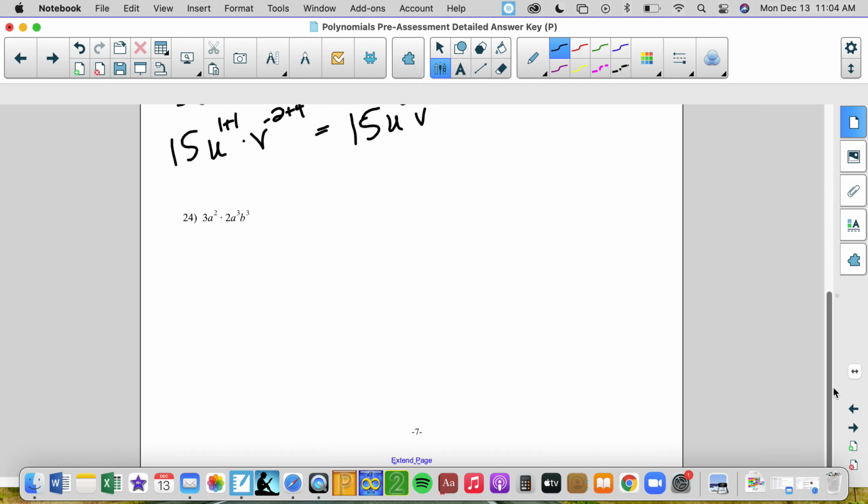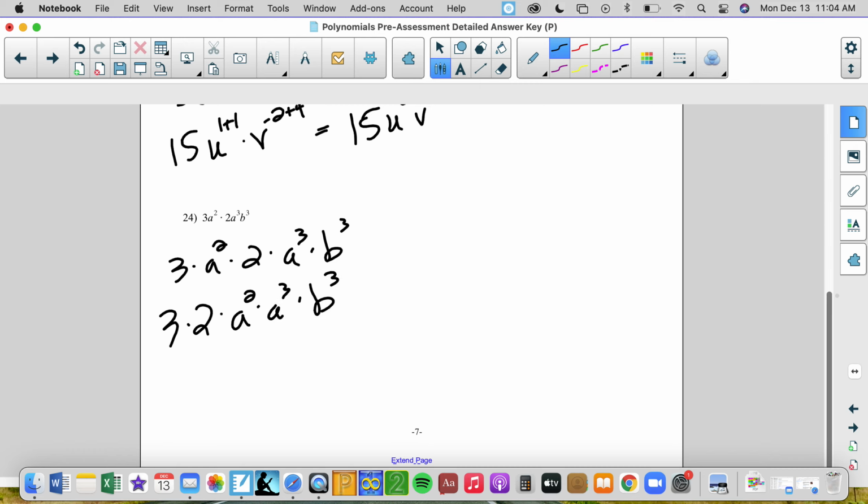I like that one. 3 times a squared times 2 times a cubed times b cubed. Let's put the constants, 3 times 2. Let's put the like variables. And remember, my variables have to be alphabetical order. So 3 times 2 is 6.